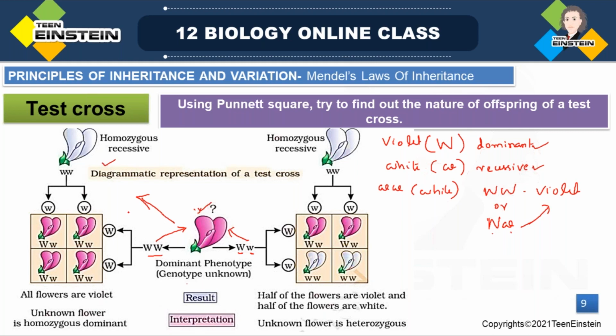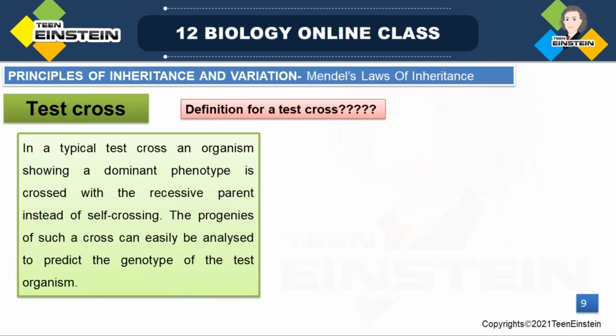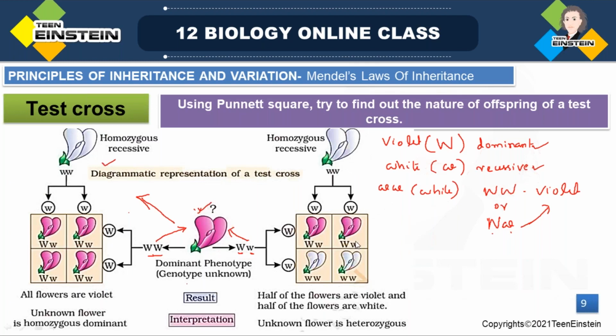See the first chance. The first chance is both dominant alleles. We'll write both possible combinations here.